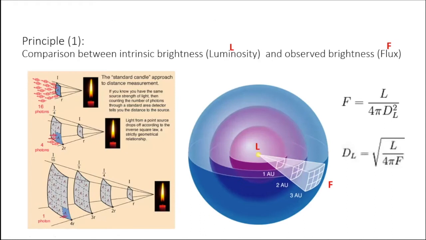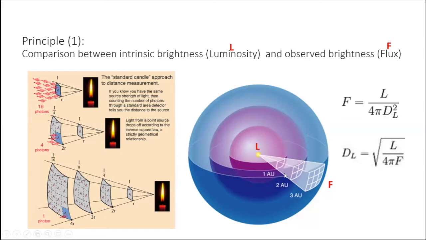I'll show you later. But now let's go back to the principle. Principle number one is using the comparison between the intrinsic brightness, the luminosity we call it, which is the energy that the particular source emits per unit time, say per second. And we compare that to the flux, or the intensity of brightness, that an observer sees at her or his place.